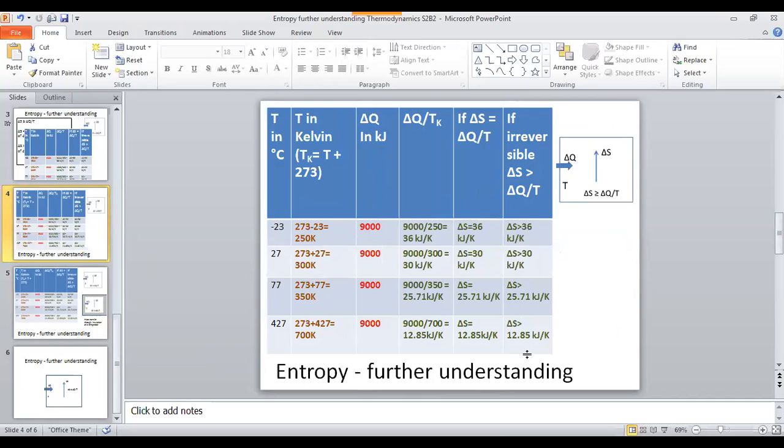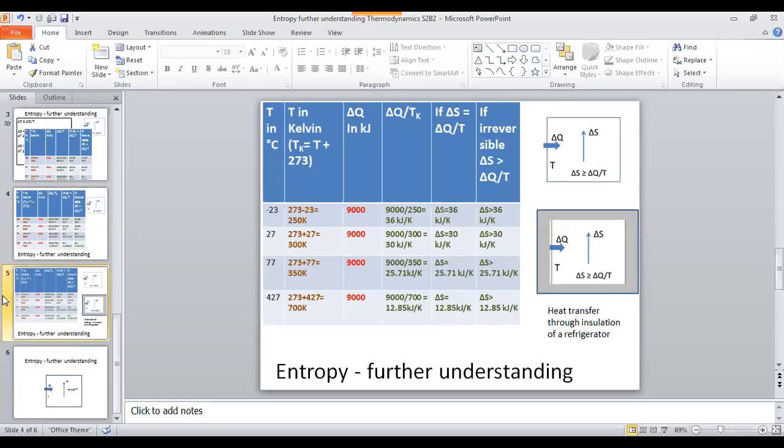What makes this practical sense linking with the entropy? Now for the refrigerator box, again, I'm going to evaluate this and we will see the situation.